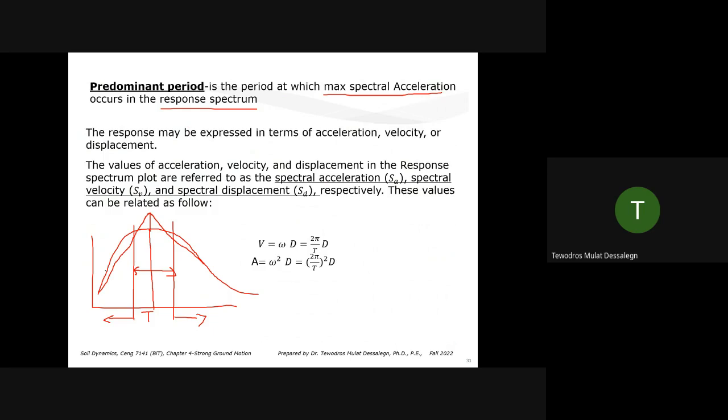For this response spectrum, we looked at it in terms of acceleration, but it can be represented by velocity and displacement. It's a linear relationship. Velocity is related to displacement by 2 pi over period, and acceleration is related to the displacement by 2 pi over period squared, times d. So if you get the acceleration period plot, you can easily get the velocity and the displacement plots.